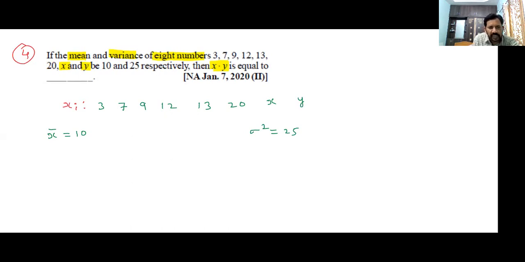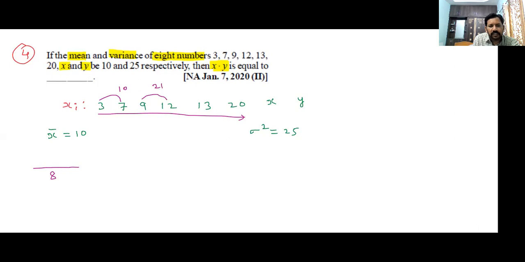Okay, first I am going to find x plus y by using mean. Mean means, you know very well, sum of observations by total number of observations. Total how many are there? 8. Sum of these observations: add 7, 3, 10, okay, this is 21.